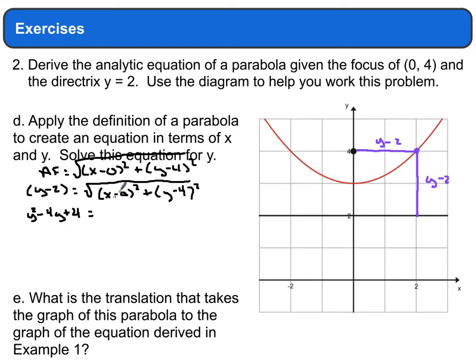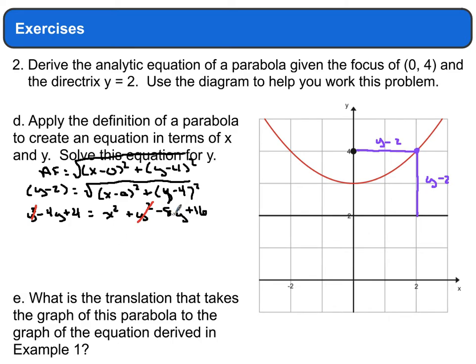We can simplify some of this already. So x minus 0 squared is x squared. And then y minus 4 squared would yield us a y squared minus an 8y plus a 16. Our goal is to solve for y. Again, the same neat thing happens. This y squared and this y squared are going to cancel because they're exactly the same on both sides. And so we'll start moving things around.